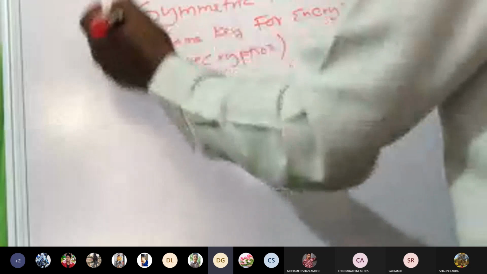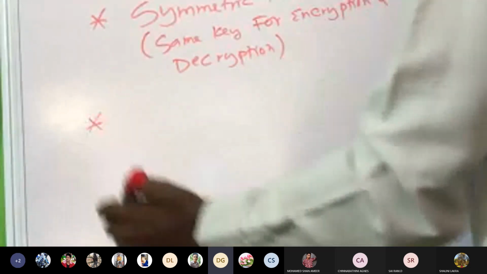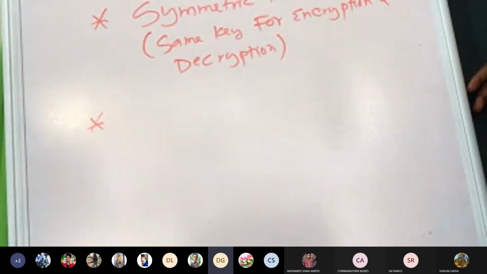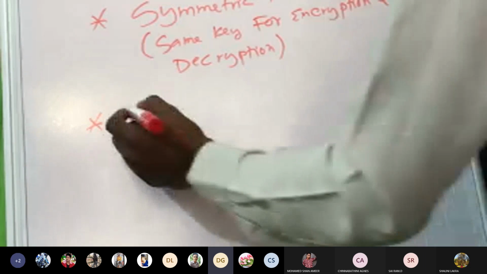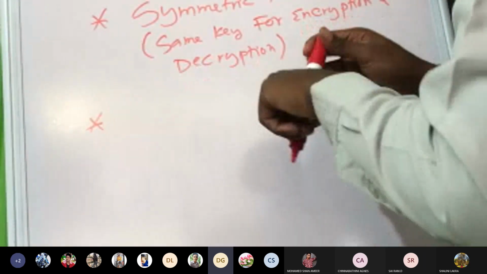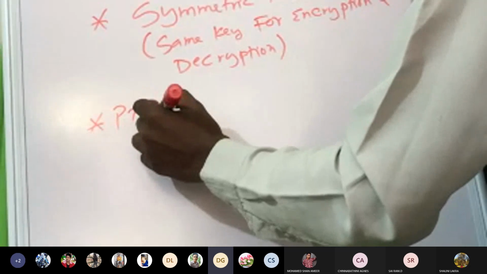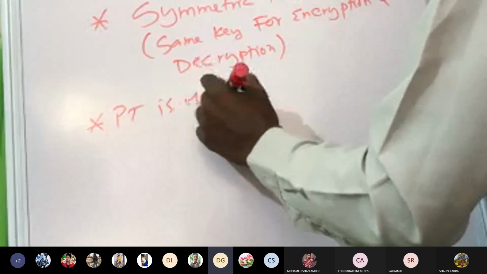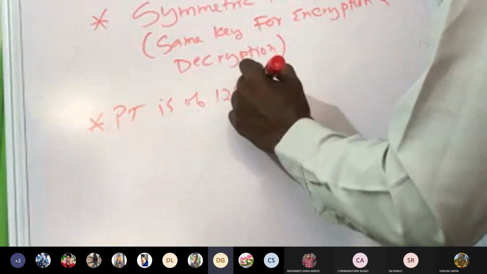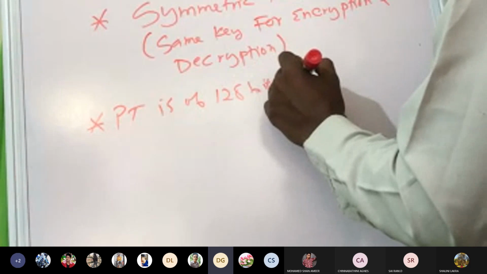We have seen that in AES, or Advanced Encryption Standard, the plain text is by default of 128-bit size.